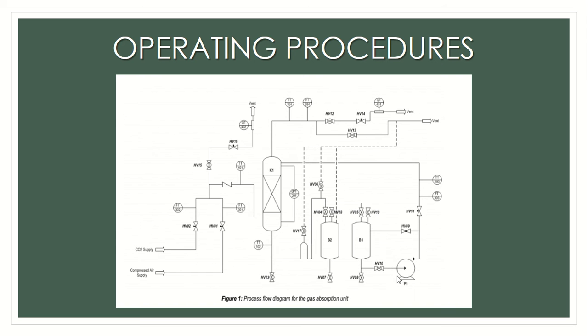First, we turn off pump 1, which is P1, and after that we close the water supply valve and valves HV01, HV02 and HV11.